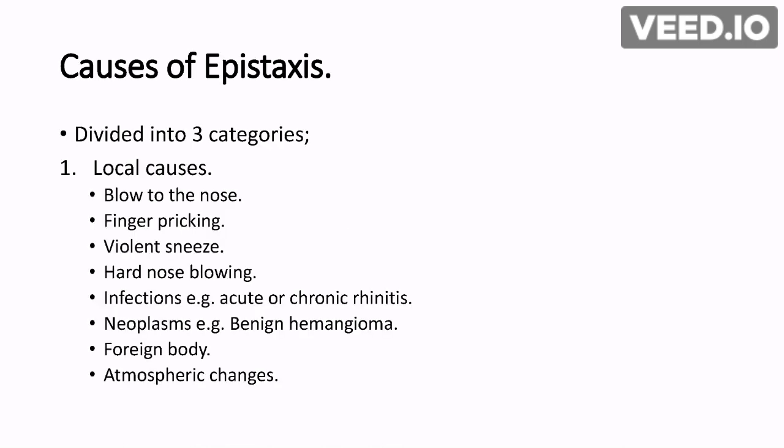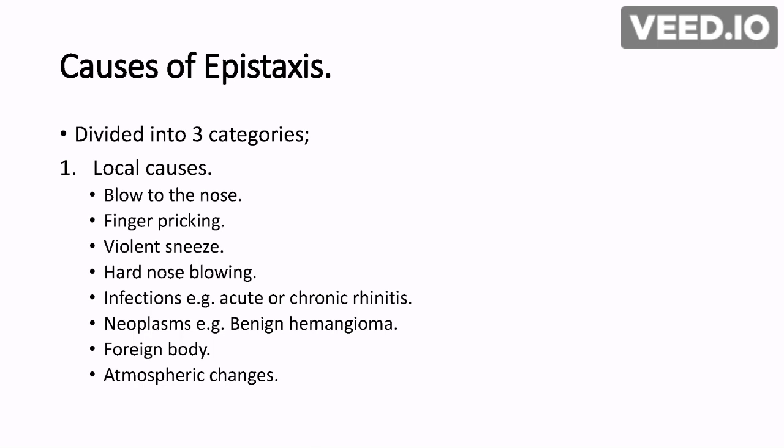So there are different causes of epistaxis, a lot of causes, but we have categorized them into three categories. There are local causes, there are systemic, and there are idiopathic causes. Starting with the local causes, it means the source of the bleeding is from within the nose locally.